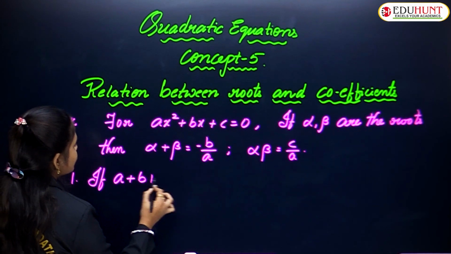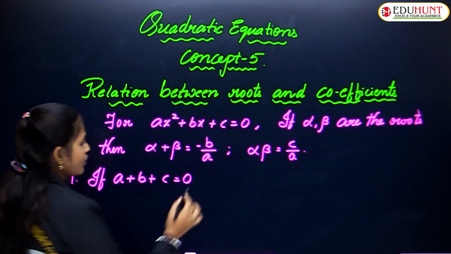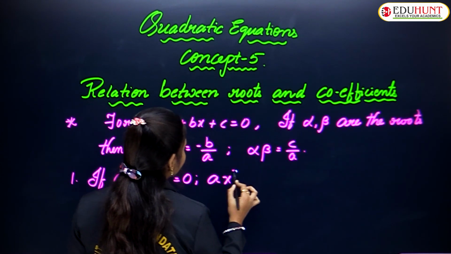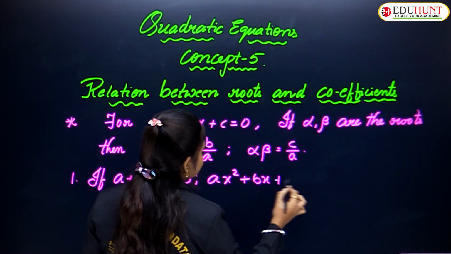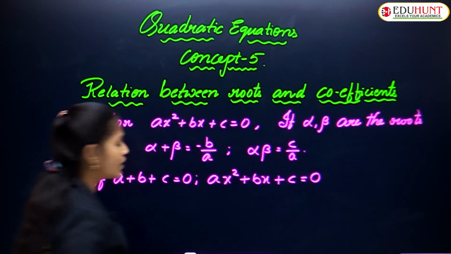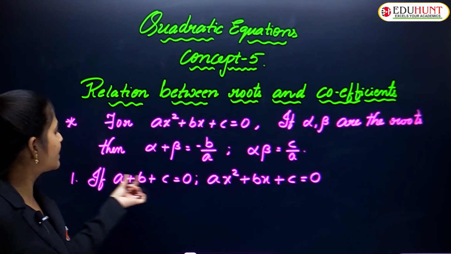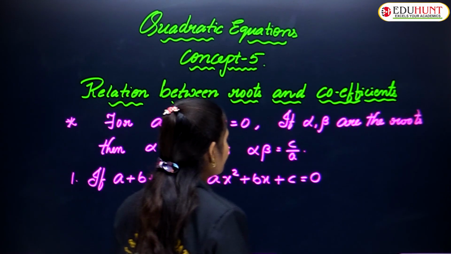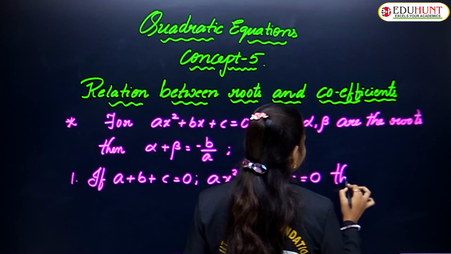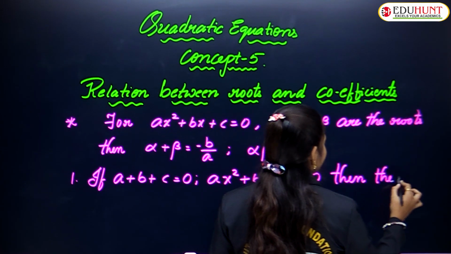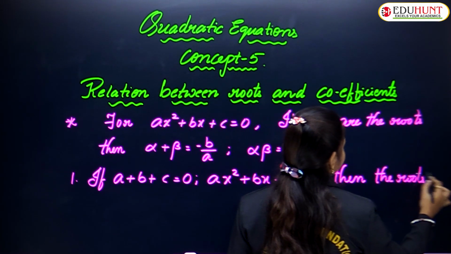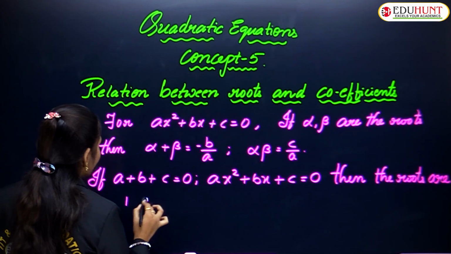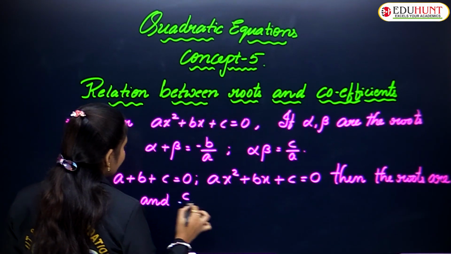So here is the first condition: if a plus b plus c is equal to 0 for the quadratic equation ax square plus bx plus c is equal to 0, then the roots are 1 and c by a.